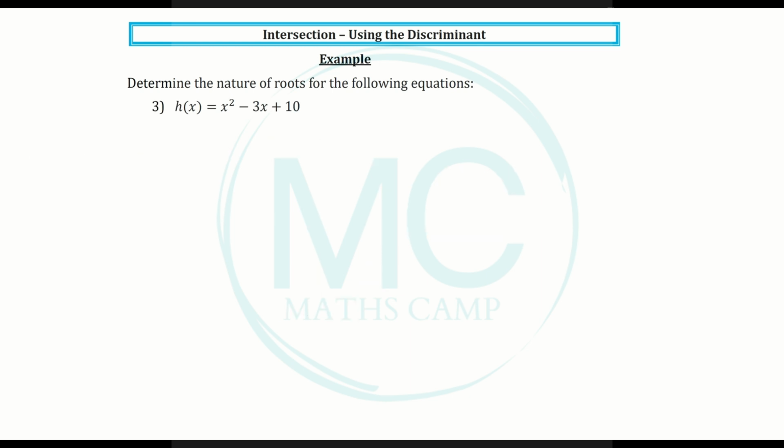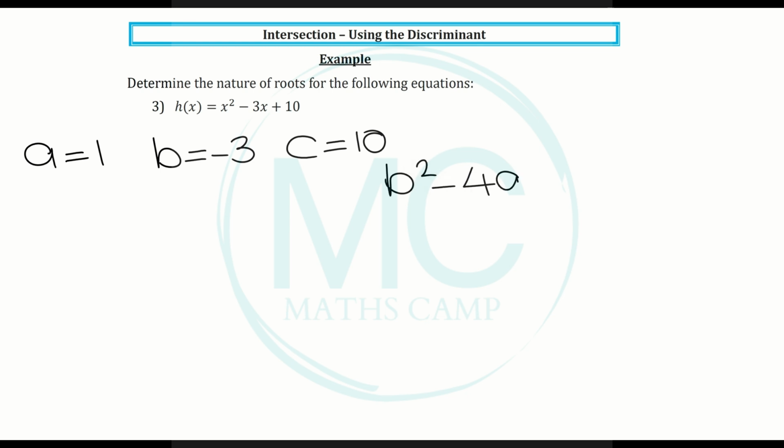Let's do another one. h of x is equal to x squared minus 3x plus 10. Here, a is 1, b is negative 3, and c is 10. The discriminant, b squared minus 4ac. b is negative 3, so we get negative 3 squared minus 4 multiplied by 1 multiplied by 10.